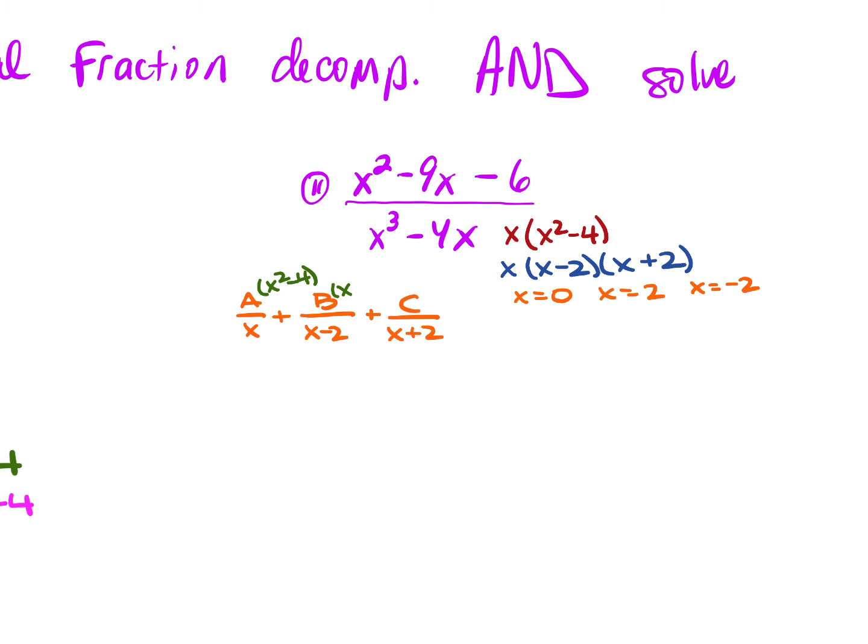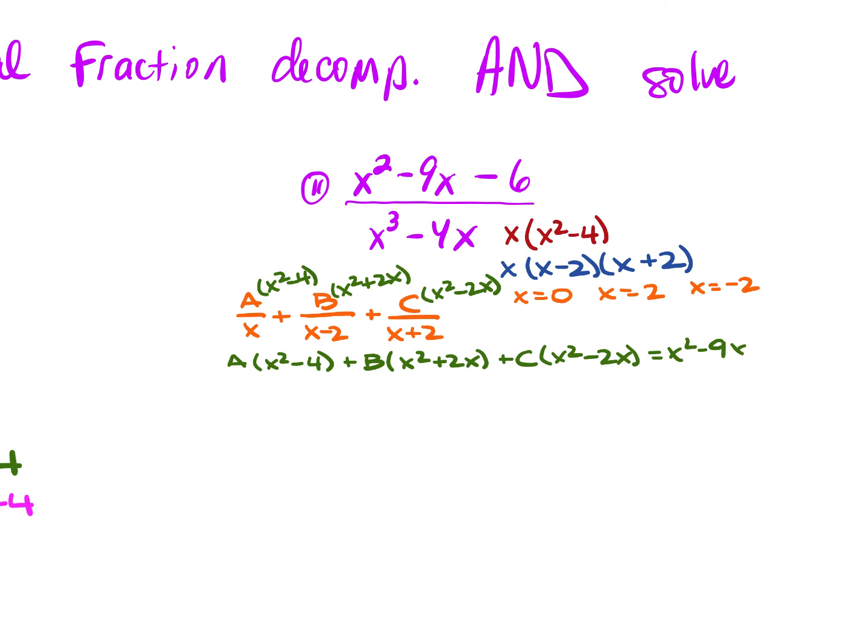B, we're going to multiply by x squared plus 2x. C, we multiply by x squared minus 2x. So it's going to give us a times x squared minus 4 plus b times x squared plus 2x plus c times x squared minus 2x is equal to our numerator, which is x squared minus 9x minus 6.